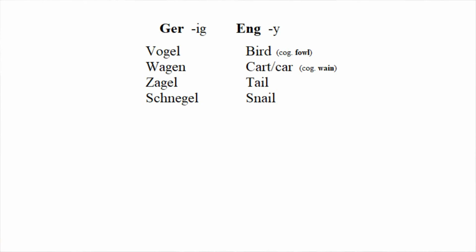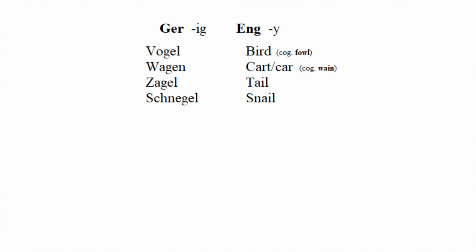A g sound in German often totally disappears in English, or it becomes a y sound. So this is why the ig or ich suffix in German becomes an e in English, so zwanzig becomes twenty. So you have a word like Vogel, the cognate of which is fowl, and the actual meaning is sort of bird. It's much more common than fowl is in English.